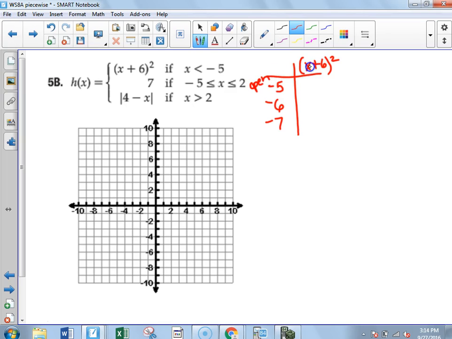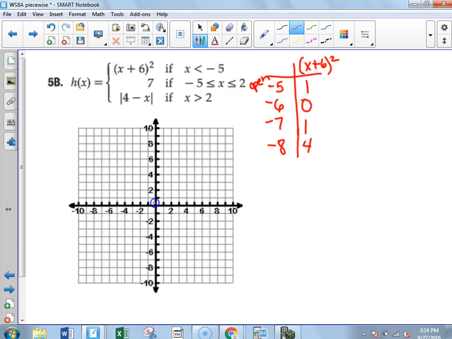All right, if I put a -5 in, I add 6, I get 1, I square it, I get 1. Put a -6 in, I get a 0. Put a -7, add 6, I get -1, but -1 times -1 is 1. Let's try one more. -8 plus 6 is -2. What's -2 times -2?